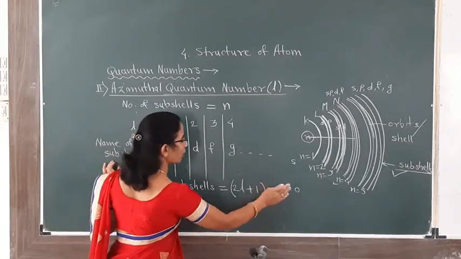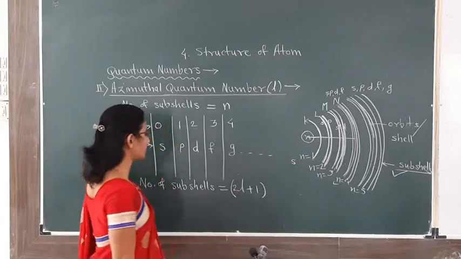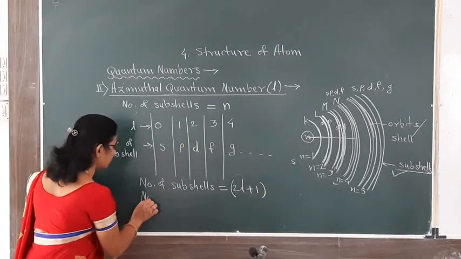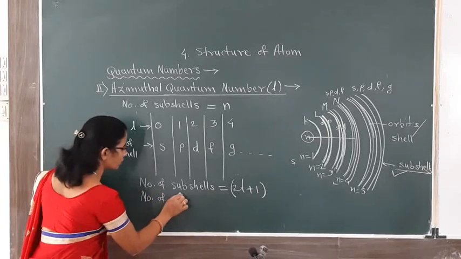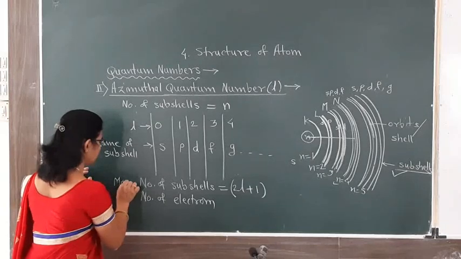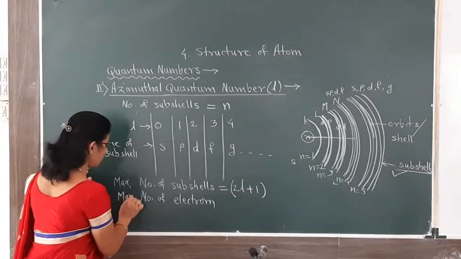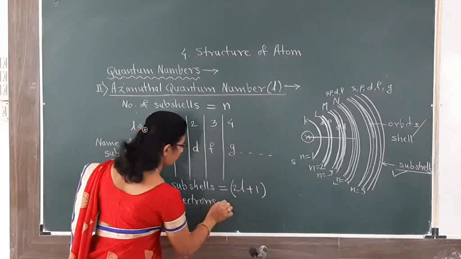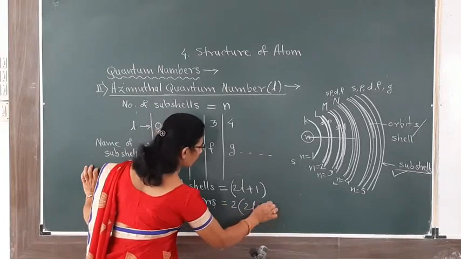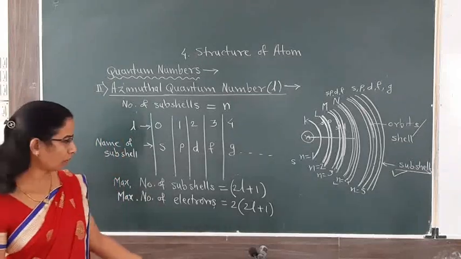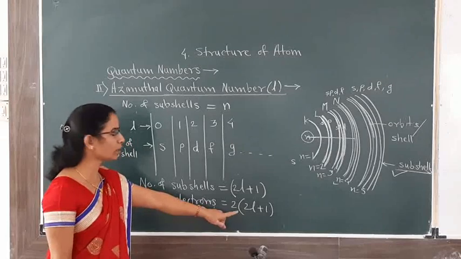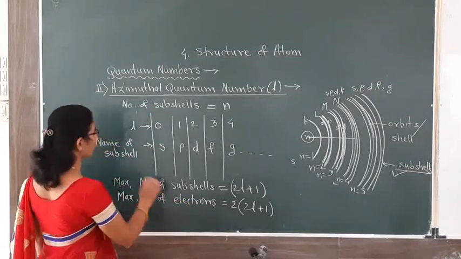If l is equal to 1, the number of orbitals is 3 and so on. And the maximum number of electrons present in a given subshell is given by the formula 2 into 2l plus 1.